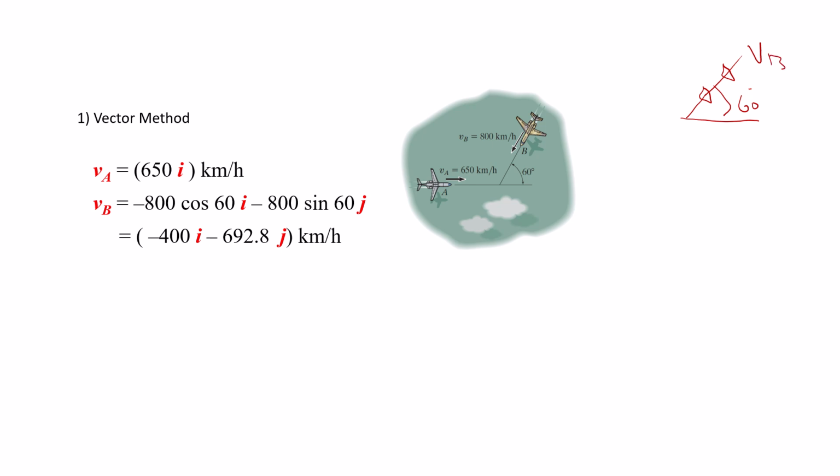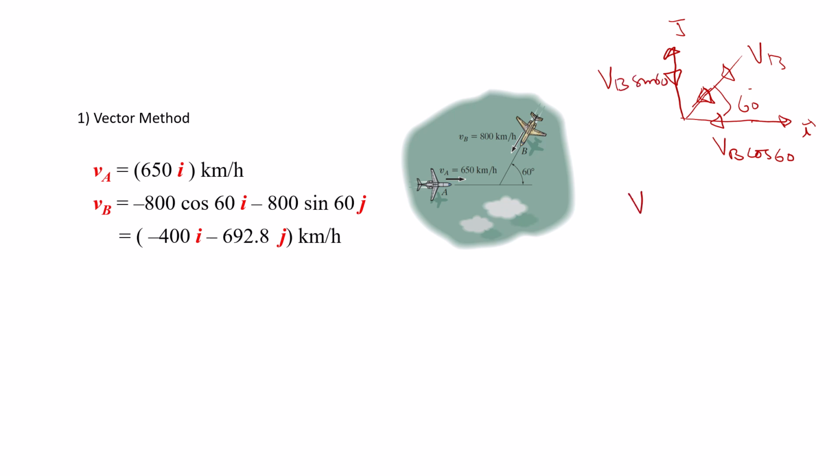So this is VB. Now you need to break this into X and Y components. This is the unit vector I, this is positive J. Remember, this direction is important. So if you do that, it would be VB cosine 60, and downward VB sine 60.